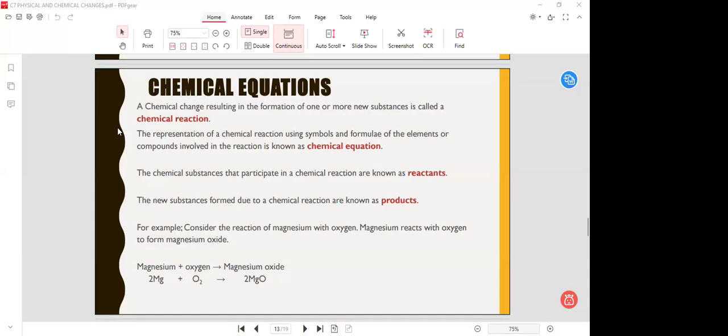The chemical substances that participate in a chemical reaction are known as reactants. The new substances formed due to a chemical reaction are known as products. For example, consider the reaction of magnesium with oxygen. Magnesium reacts with oxygen to form magnesium oxide.